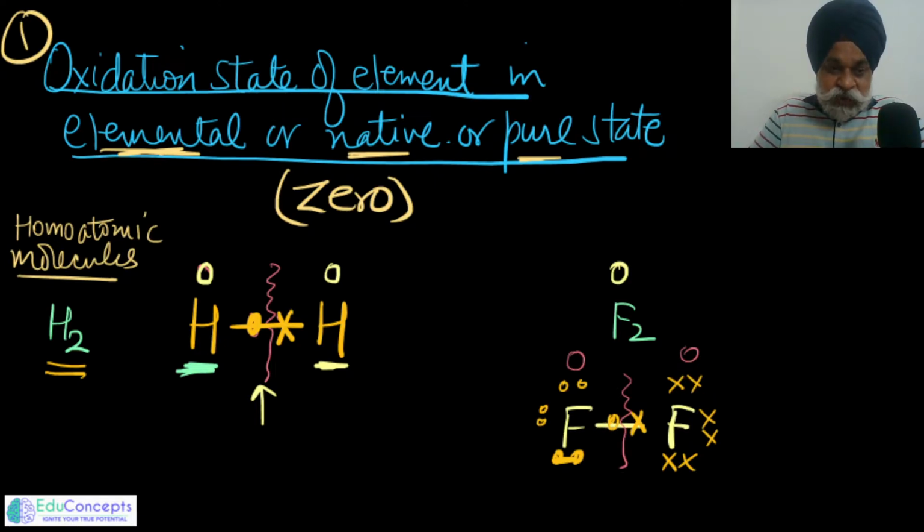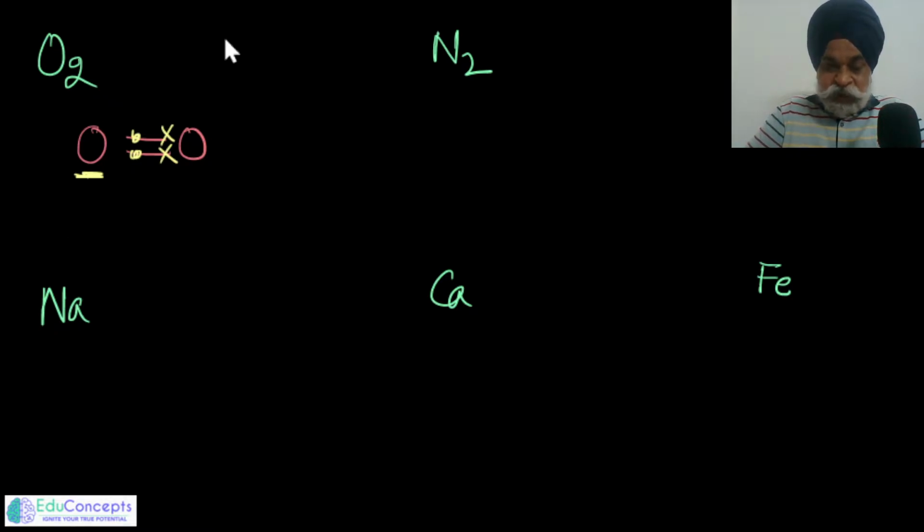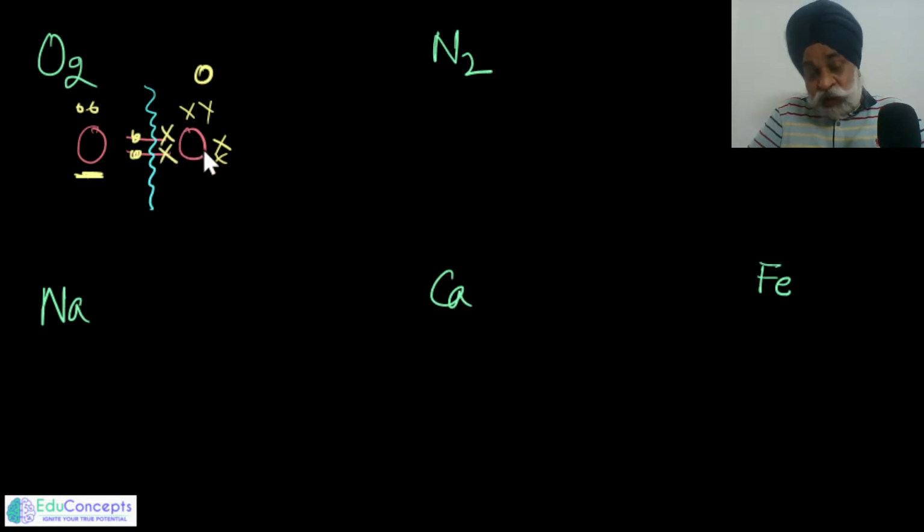So that is why we say that whenever an element is in its native state, just like in this oxygen, which is double covalently bonded, and if you want to find the oxidation state of this oxygen, I am repeating the same thing once again: I have to break the bond from here, and in totality the number of electrons around is 6. So the apparent charge this oxygen has received is 0, because the 2 electrons are of this oxygen only, and it gets them on theoretically homolytically cleaving it.